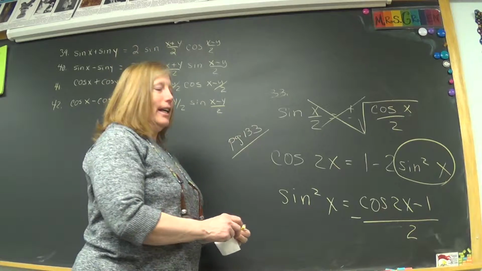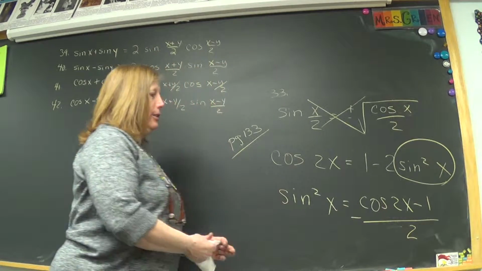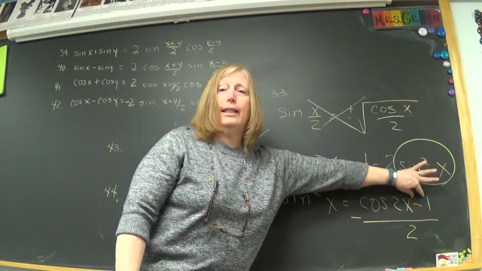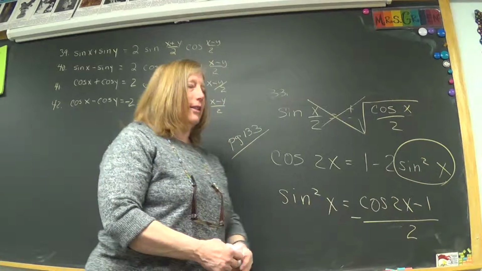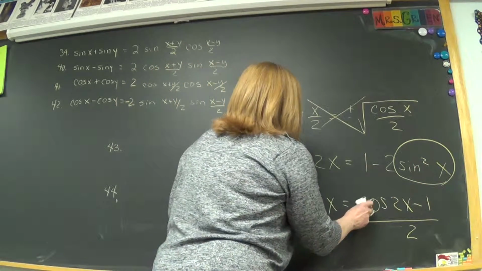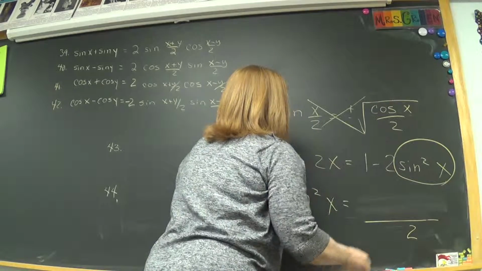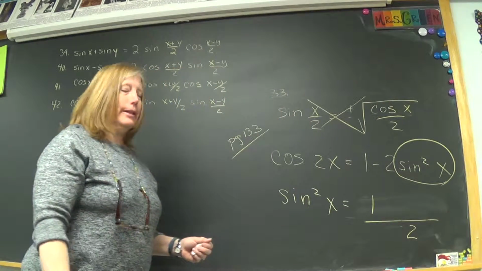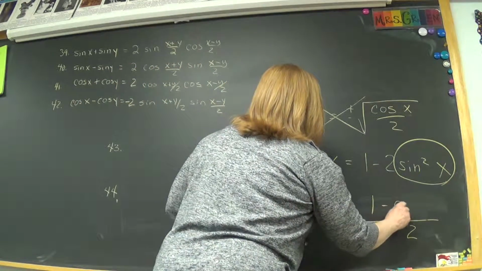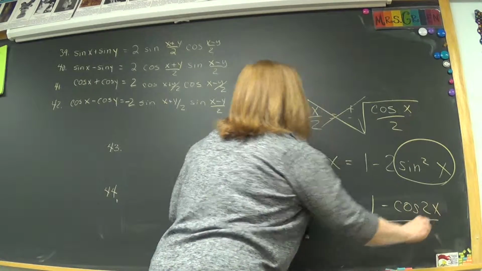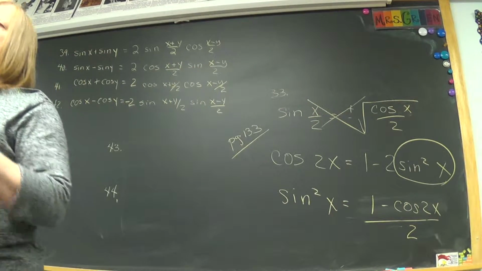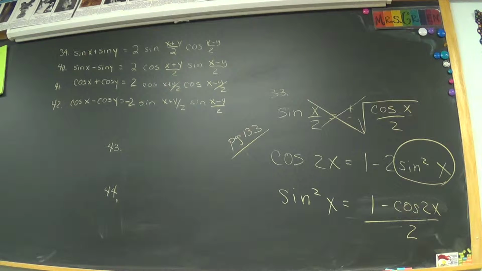Change the sign. Right, so I can actually, in a sense, distribute that negative sign to this and this. They change signs, so I'm going to just reverse them. The one becomes positive, I'll put it in the front, and the cosine of 2x becomes negative, so I'll put it in the back. Are you okay with that rearrangement?